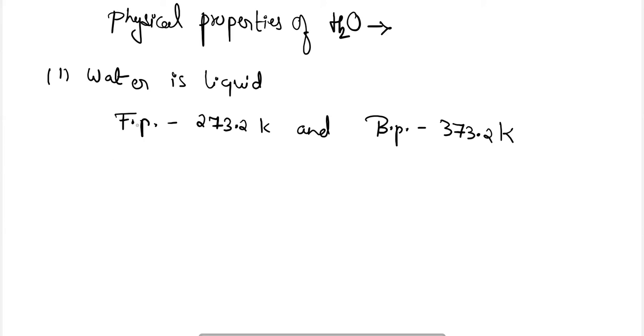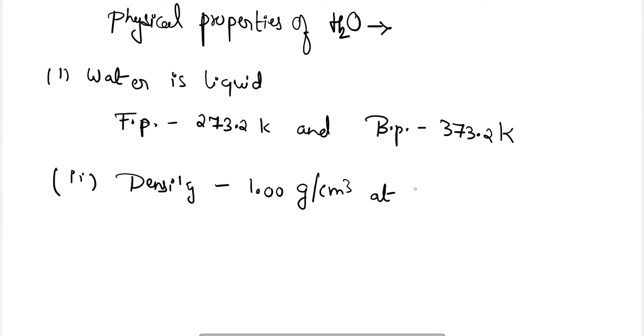Next, the density of water. So water's maximum density is 1.00 grams per centimeter cube at the temperature of 4 degrees Celsius, that is 277 Kelvin.